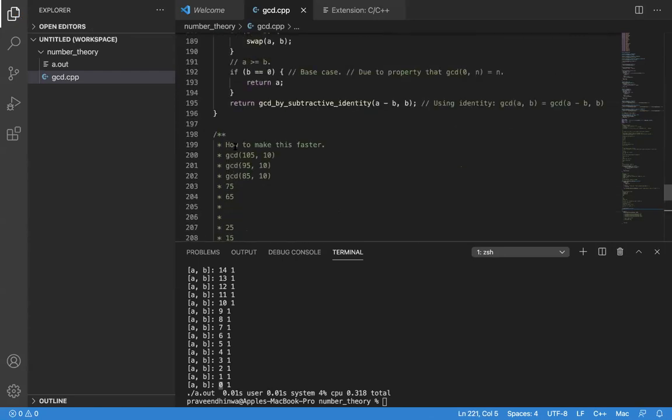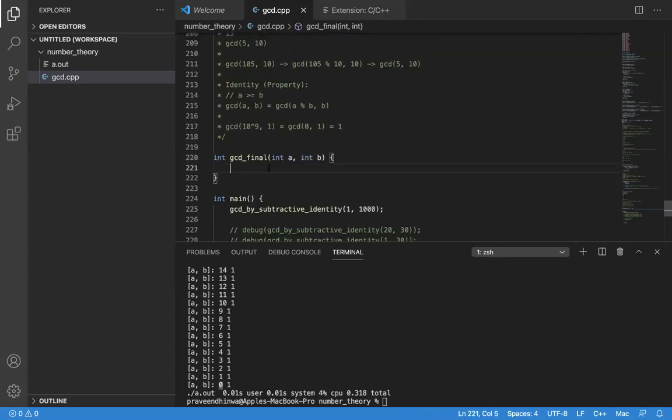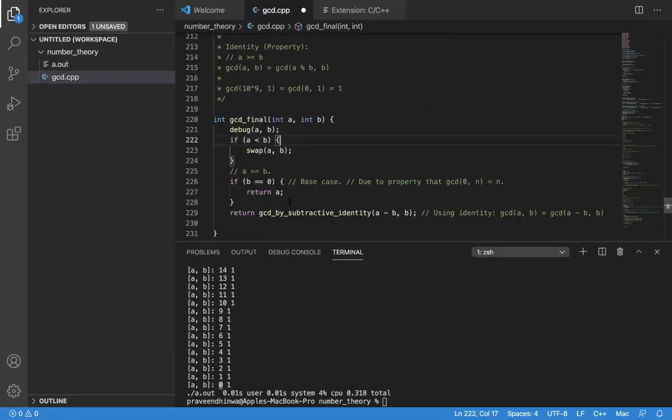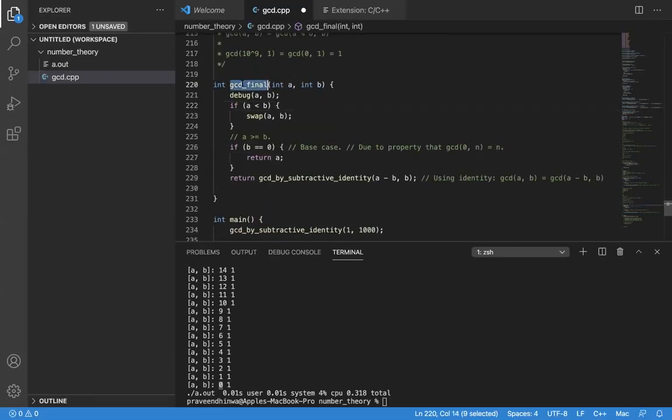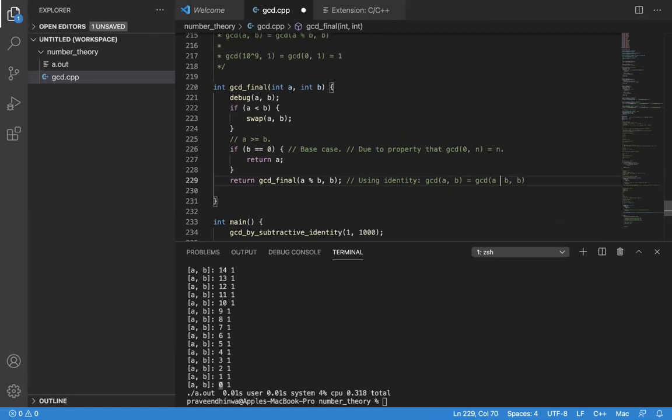Let's write the same code, and instead of a minus b, what should it be? It should be a mod b, using the identity that GCD of a comma b is equal to GCD of a mod b comma b.